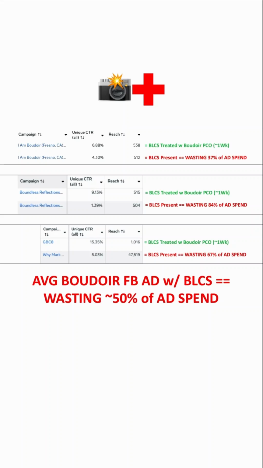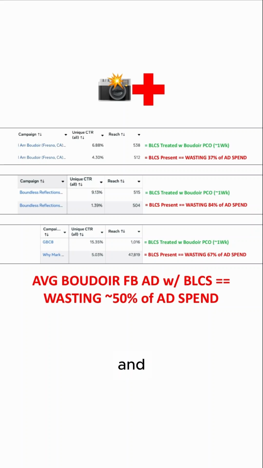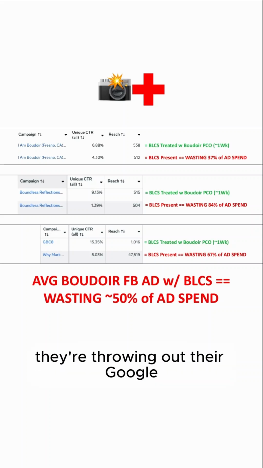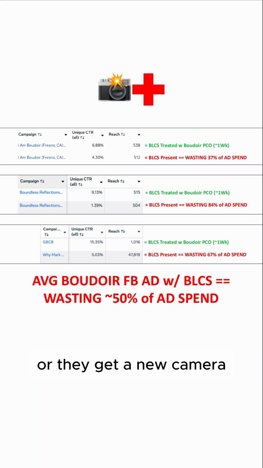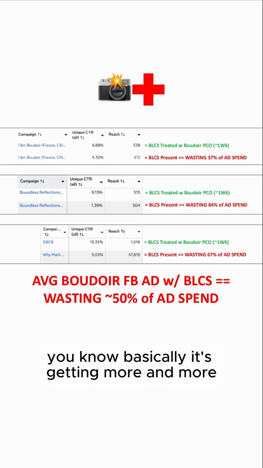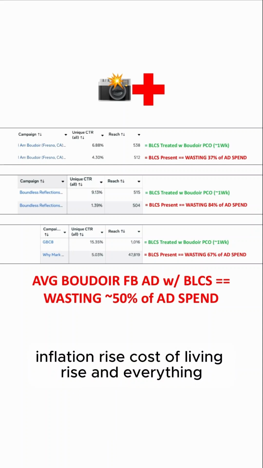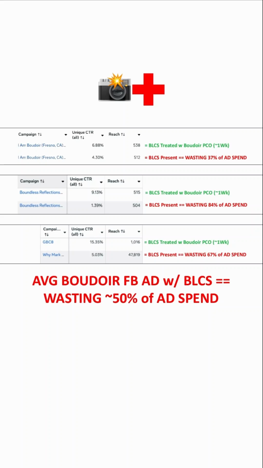So if you're a BLCA with BLCS, a Boudoir low click advertiser with BLCS, and you're spending more than 10 grand a month on Boudoir Facebook ads, and you're seeing the market get more saturated with more Boudoir photographers, anytime someone gets a new iPhone, they're throwing out their Google My Business profile that they now do Boudoir, or they get a new camera and they're posting in the mom groups that they now do Boudoir shoots. So it's getting more saturated and more competitive, and you're seeing inflation rise, cost of living rise, and everything.